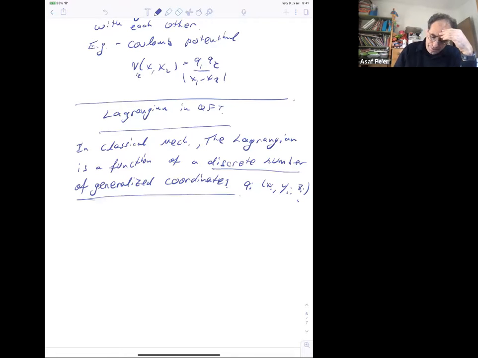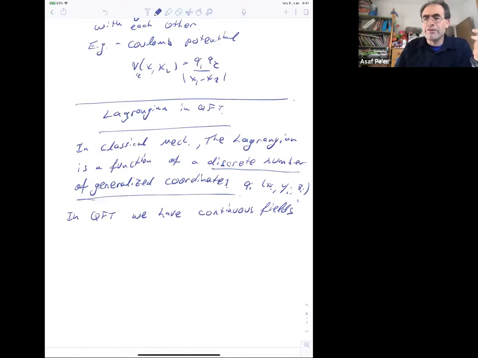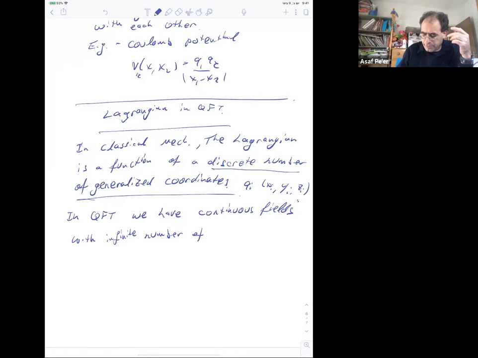Now in QFT, we have continuous fields, and all of them have an infinite number of degrees of freedom, because we have at least one degree of freedom, the value of the field in each location.